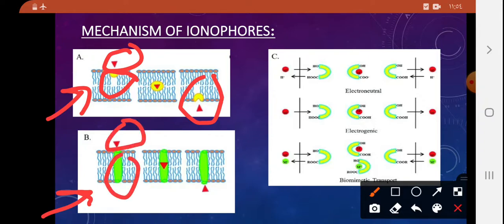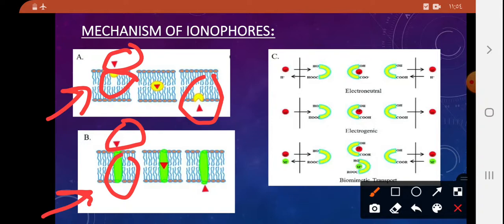These channels have a hydrophilic interior which assists in transporting ions, while the lipophilic exterior shields the ions from the interior of the membrane.